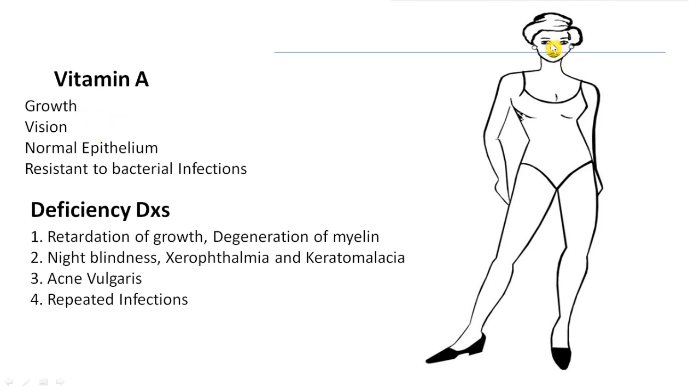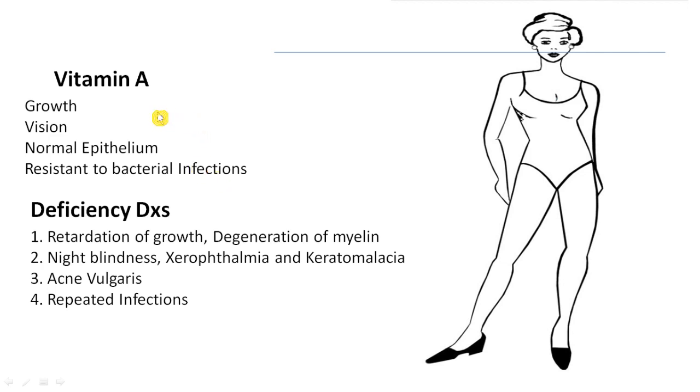Second, you see eyes, so it is essential for vision. Third, you can see your nasal epithelium, so it helps in maintenance of normal epithelium, not just nasal epithelium, but the normal epithelium all over the body. In the deficiency of vitamin A, the normal epithelium cannot be maintained, so you get acne vulgaris, acne over the face.